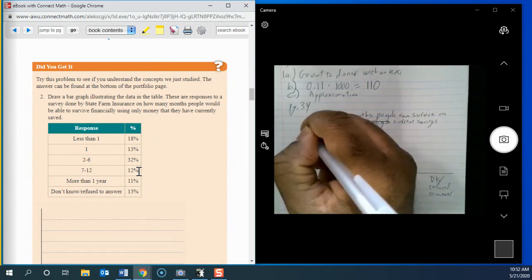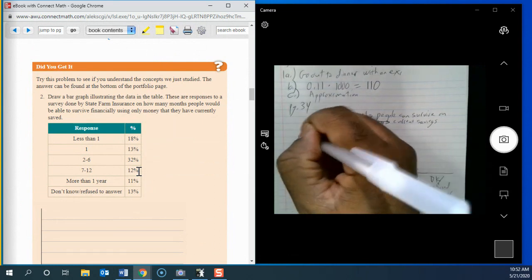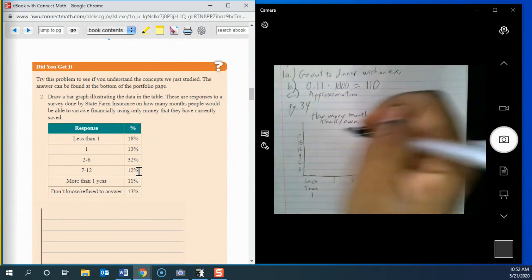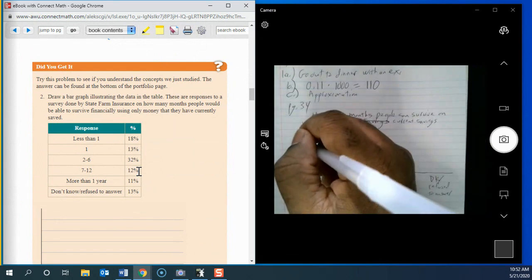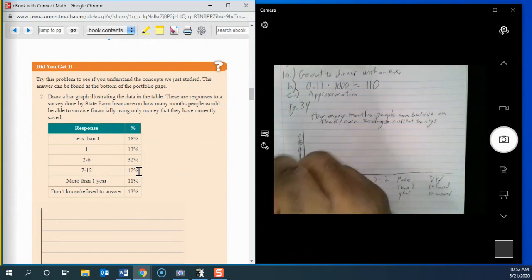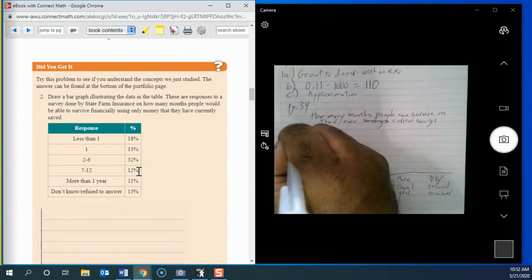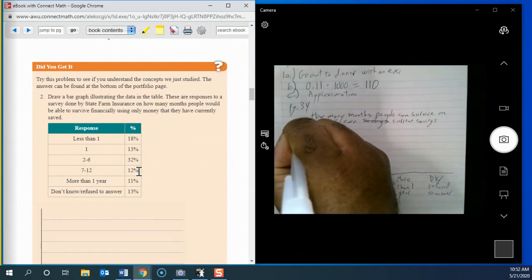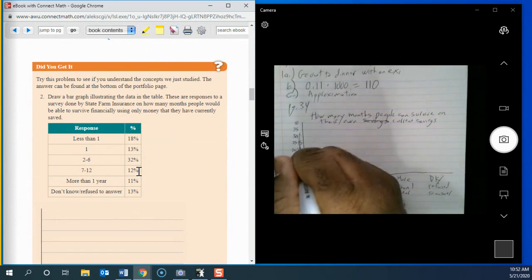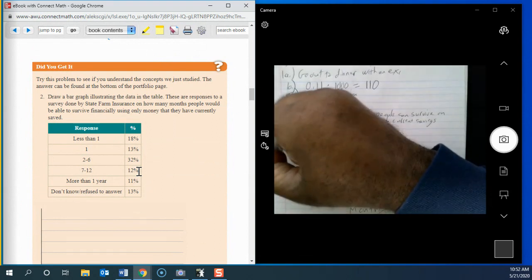Wait a minute. 1, 2, 3, 4, 5, 6, 7. Oh, you know, I'm sorry, I did 7. I should have actually did 5%, not 3. So it'll be 5, 10, 15, 20, 25, 30, 35, and we can go up to 40 here. And we know this side here is percent.